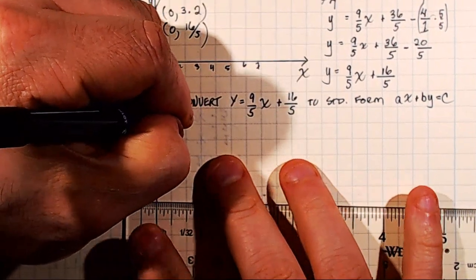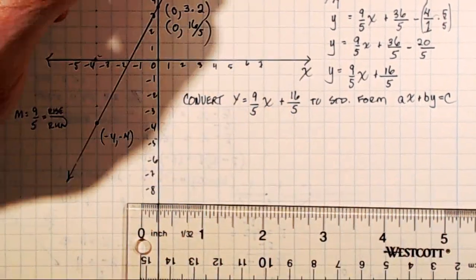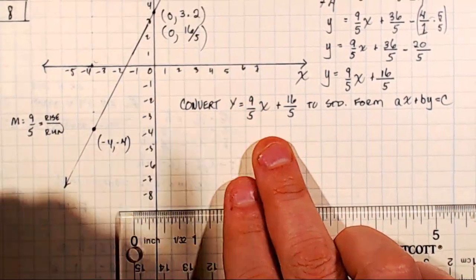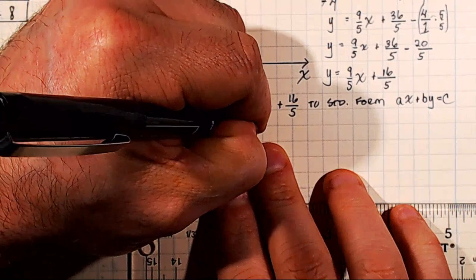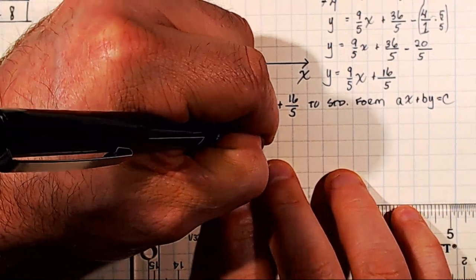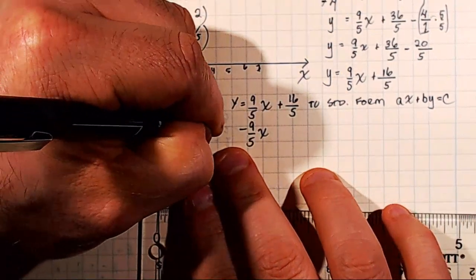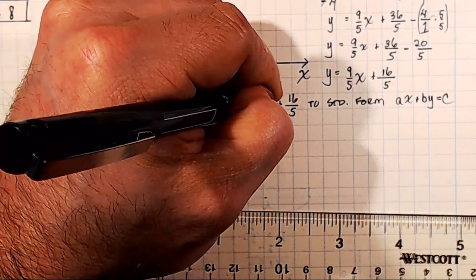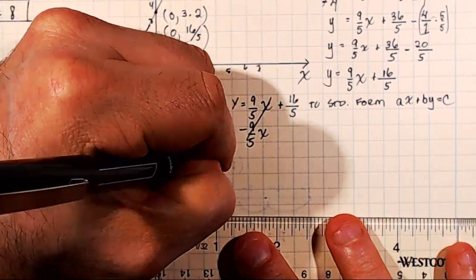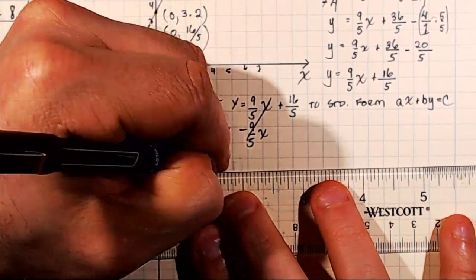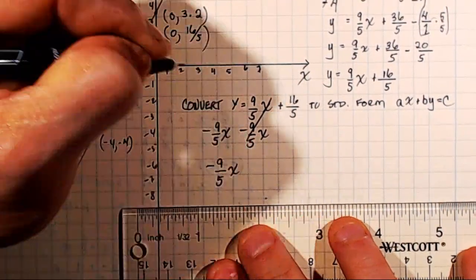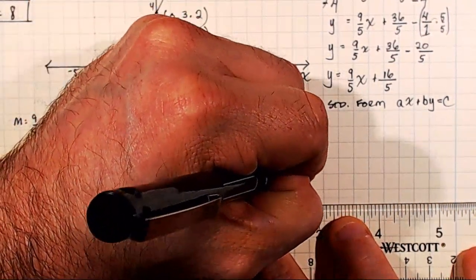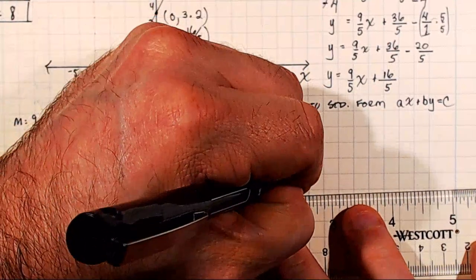So we'll just start converting. Remember, my first task is to get the x value over here, so I'll subtract 9/5 x from both sides. And on the right, it cancels out, and now I have negative 9 over 5 x plus y equals 16 over 5.